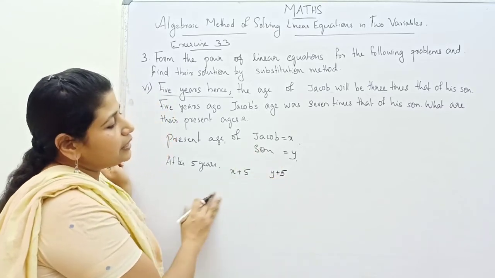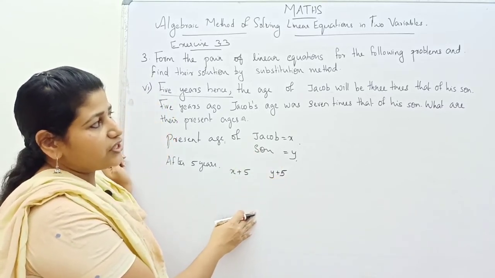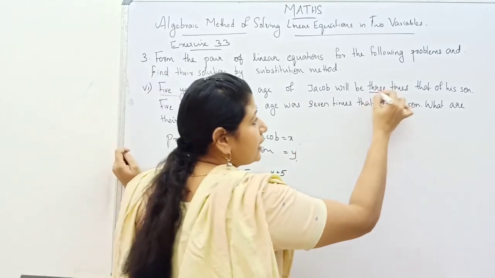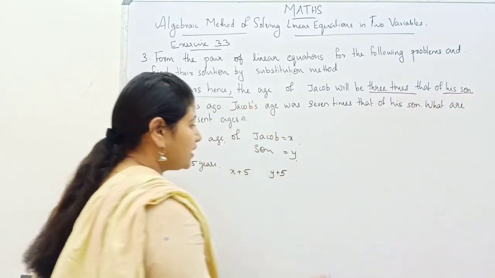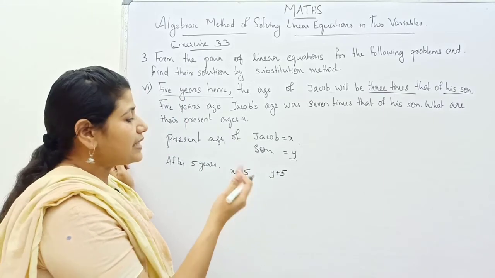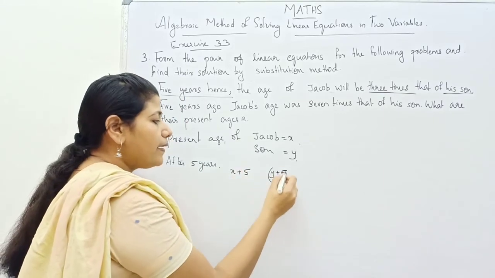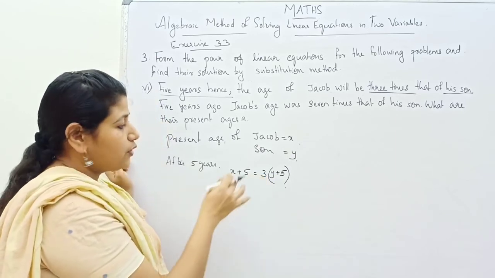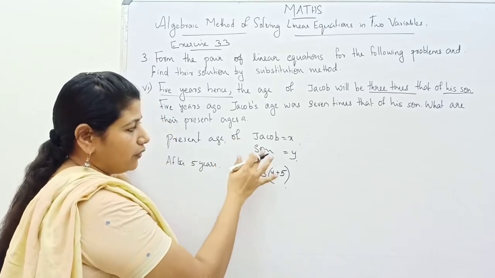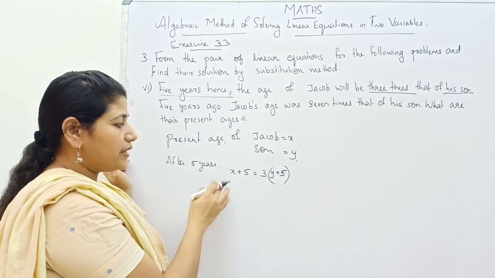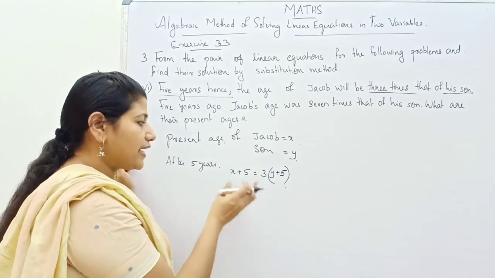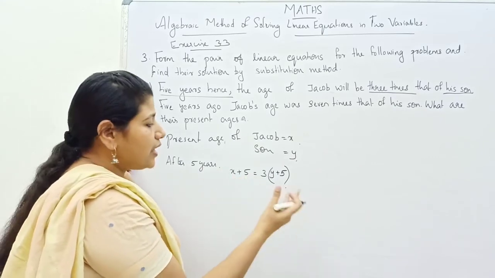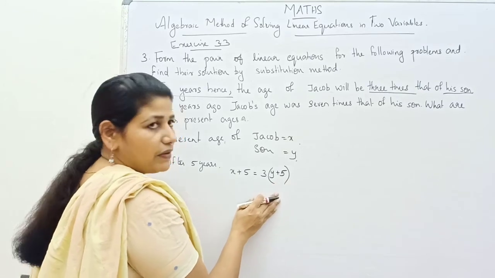And some relation is there between these two. What is the relation? Jacob will be 3 times that of his son's age. The current age of his son is y and the current age of Jacob is x. After 5 years, Jacob's age will be x plus 5 and the age of the son will be y plus 5.